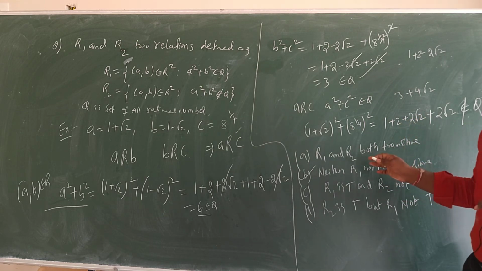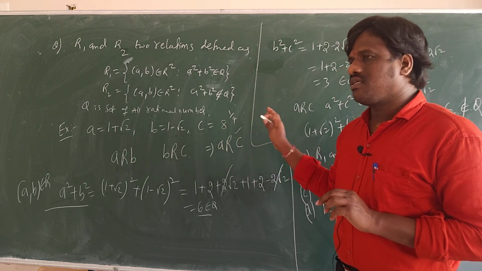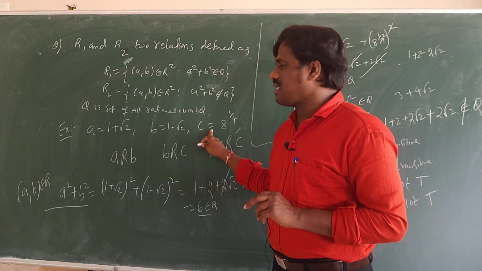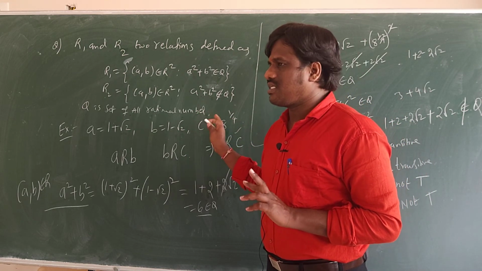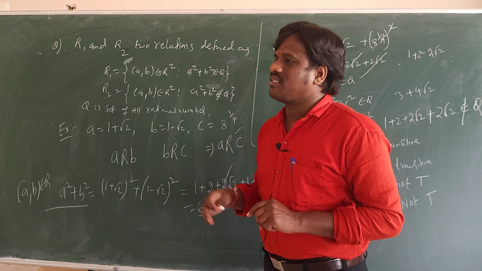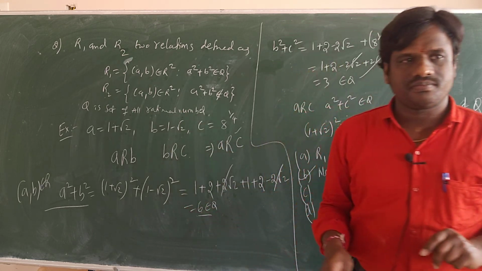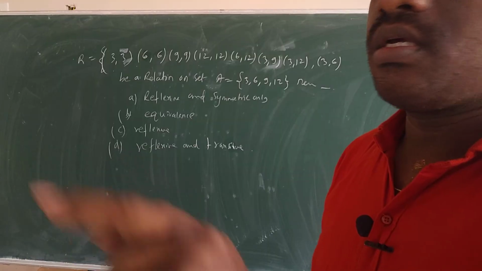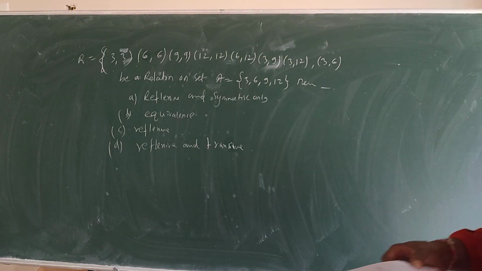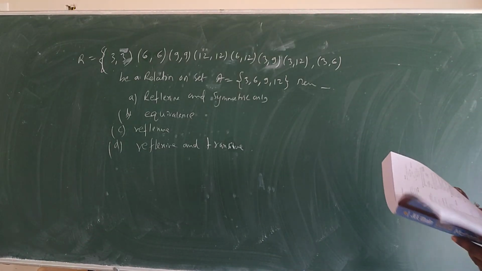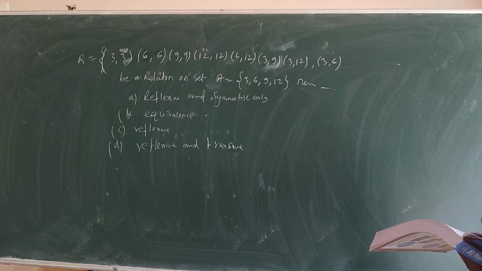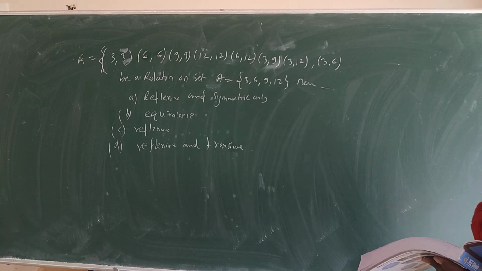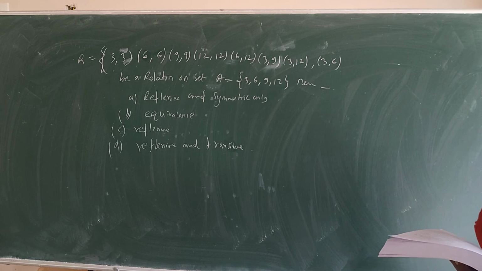So here you can easily see that it is not satisfying the BC condition. So directly we can say R2 is not transitive. Understood? So this is one more question. R is given, set A is given, you have to find which one is reflexive and symmetric. Difficult question, I will search till that time.